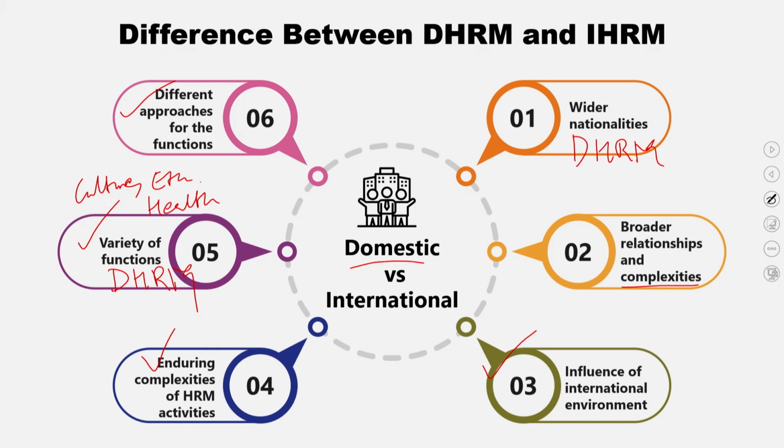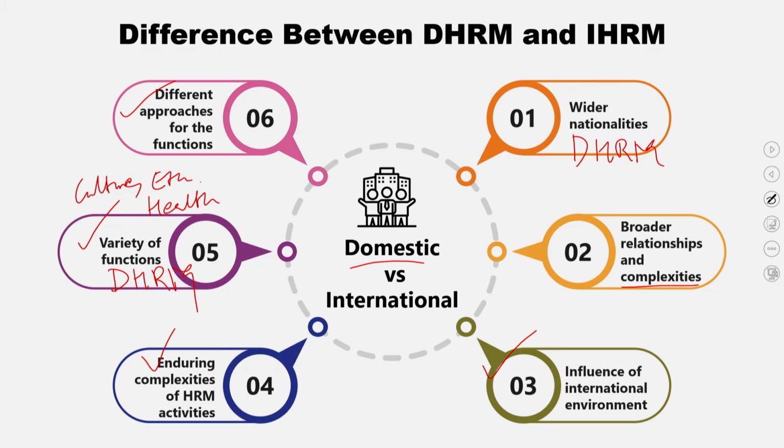You also see that DHRM deals with people from a single country. The employer doesn't have to make much effort to understand the employee's culture, which is different in the case of IHRM. Also, DHRM deals with a single country's internal environment, but please note, IHRM has to deal with the internal environment of multiple nations.